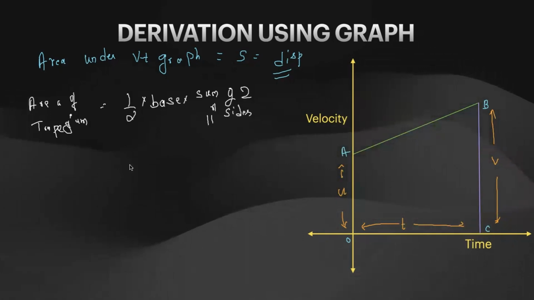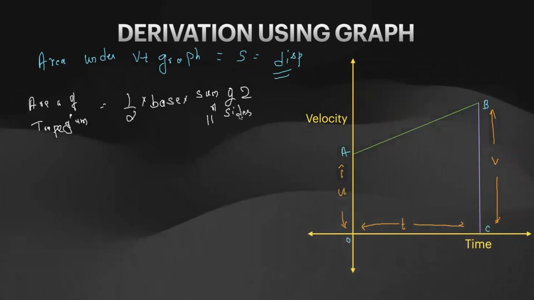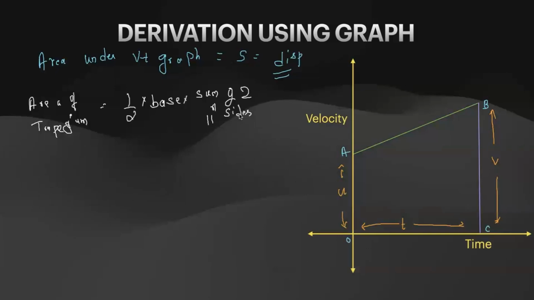Okay, so all of you know this. If you don't know this, you can use the method which I used, which is to split this graph into a triangle and a rectangle, then find the area. Which will give the same thing.